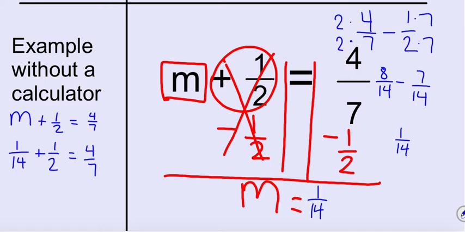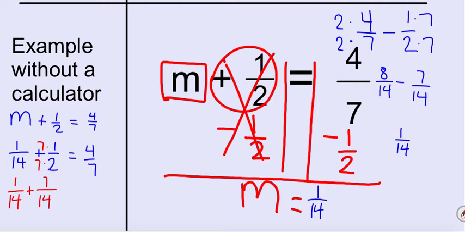Just like we had originally stated, in order to add fractions, I need common denominators. So I'm going to make this 2 here be the same as the 14. In order to do that, I'm going to multiply this by 7 and do the same thing to the numerator. That's going to give me 7/14, and this is 1/14.